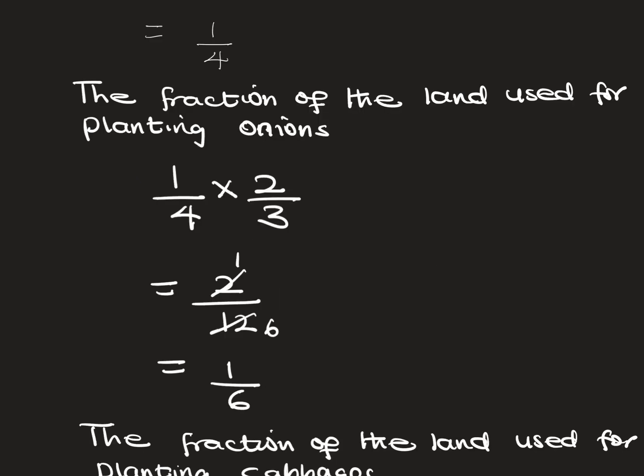So fraction of the land used for planting tomatoes plus fraction used for planting onions plus fraction used for planting cabbages must be equal to 1.